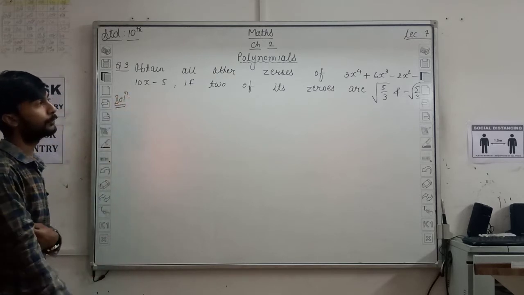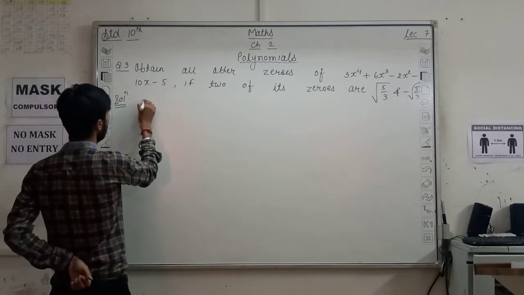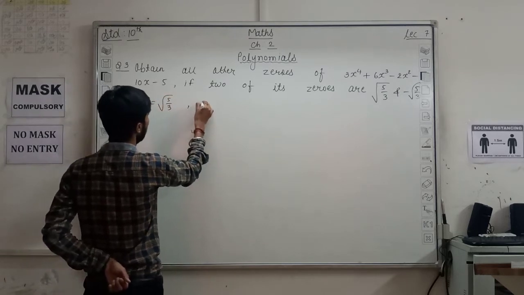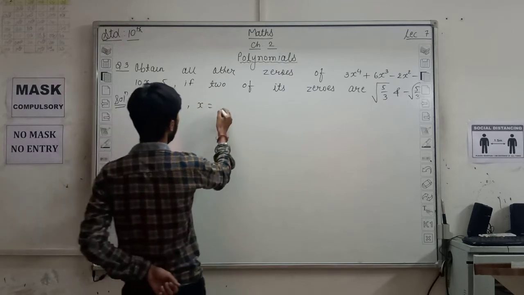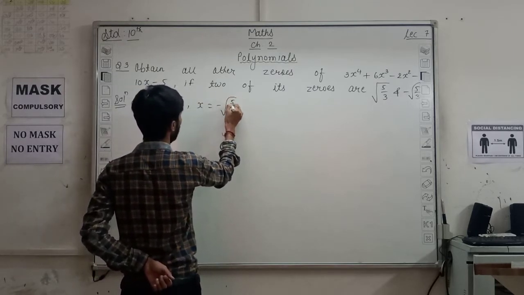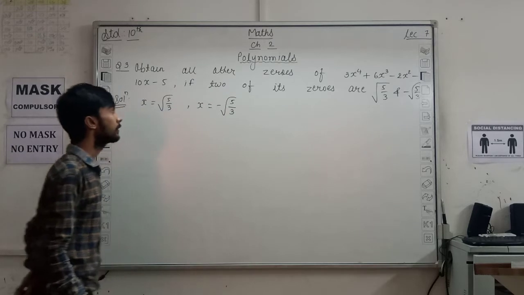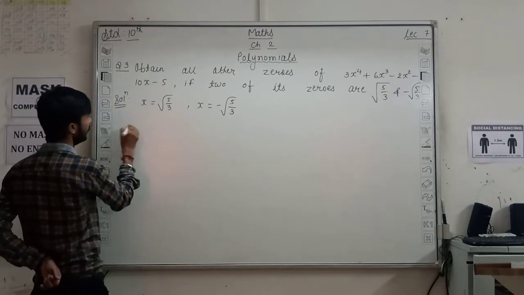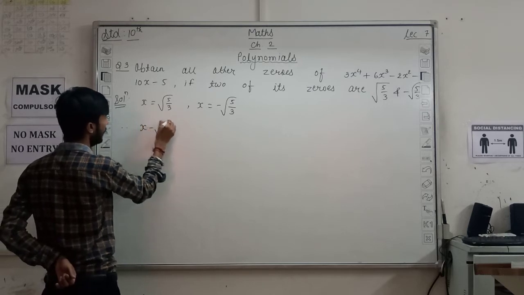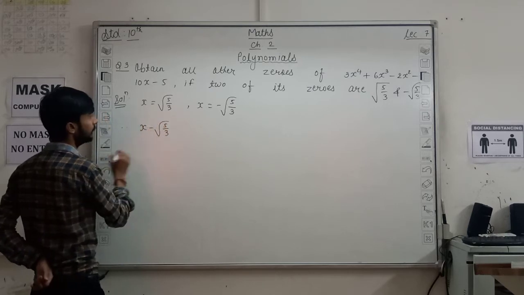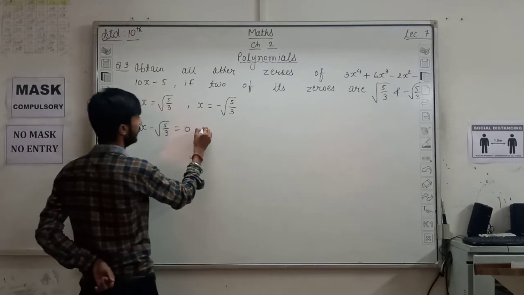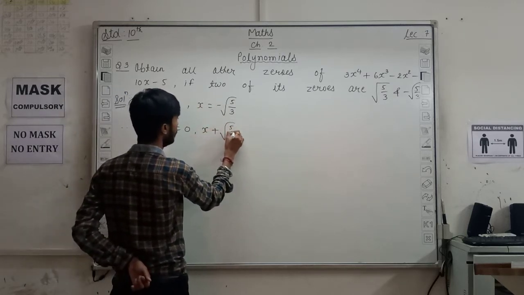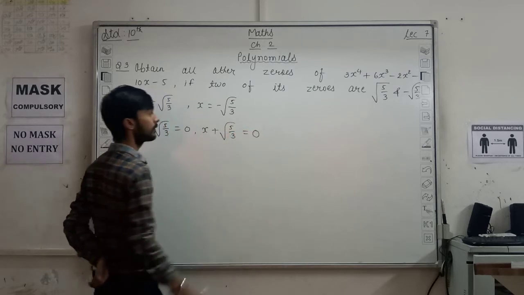First one is root 5 by 3. So first zero x equals root 5 by 3 and second x equals minus square root of 5 by 3. These two are zeros. That means we can write in this form. Therefore x minus square root of 5 by 3 equals 0 and x plus square root of 5 by 3 equals 0.